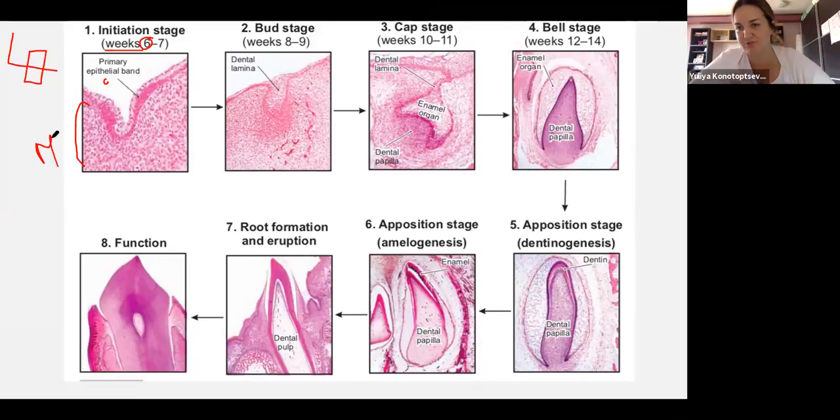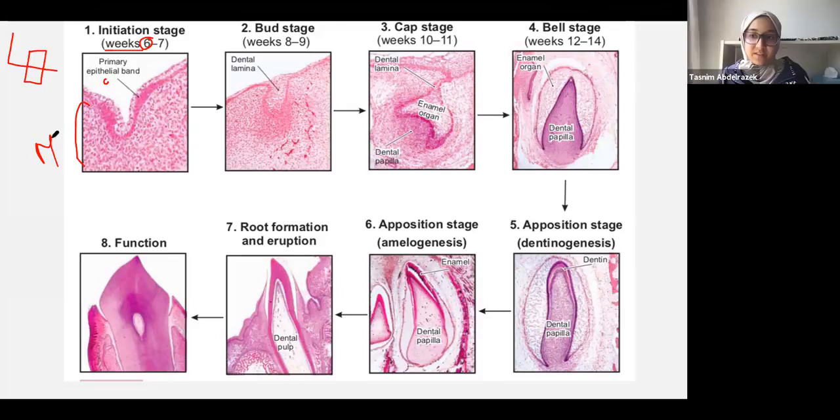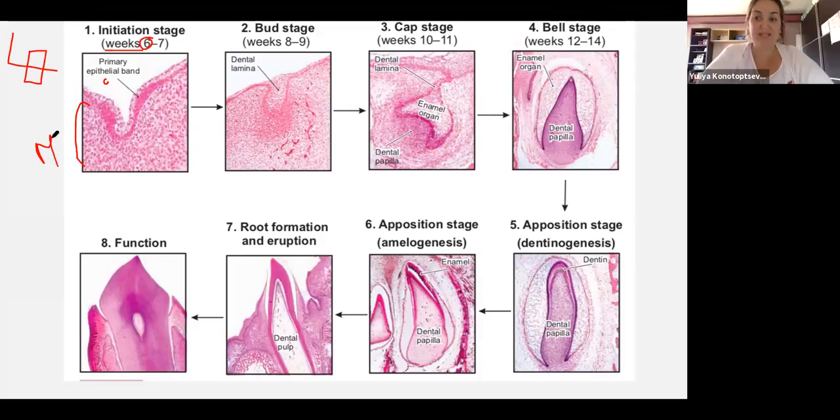There are some exceptions, but basically everything from your head down arises through endochondral ossification. So your long bones, your pelvis, everything. So what do all of my bones at the bottom have in common? What do they do? Weight. Very good. They bear weight. So any bone that has to bear weight has to arise via endochondral ossification.